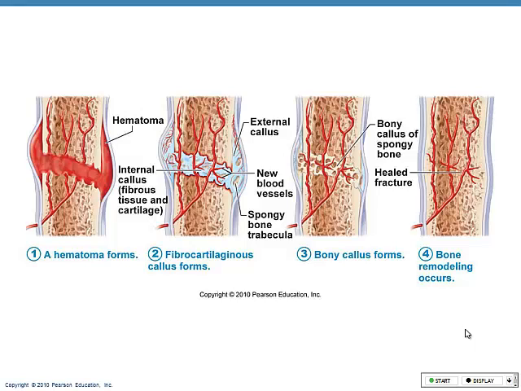So we can have comminuted, compression, spiral, epiphyseal, and that's where those little kids sometimes pull that cap off the top of the bone from the epiphyseal plate. Depression and greenstick. There's also a compound. What's a compound fracture? That's the nasty one where it sticks out of the body. So know your different types of fractures.